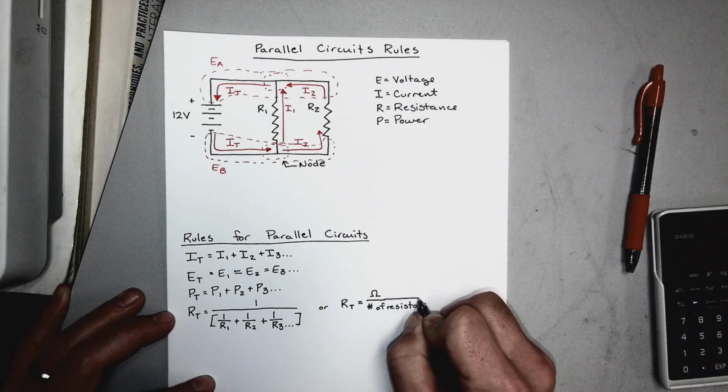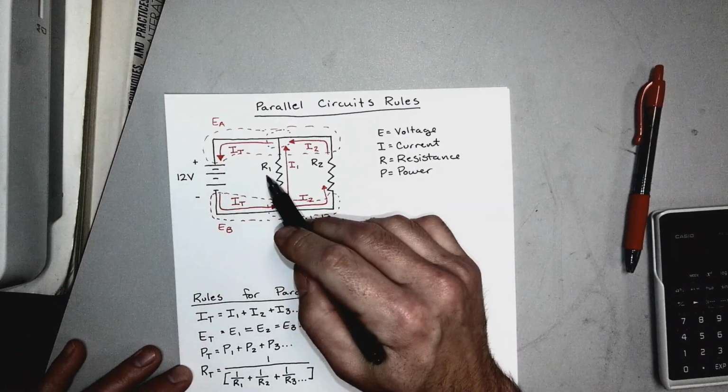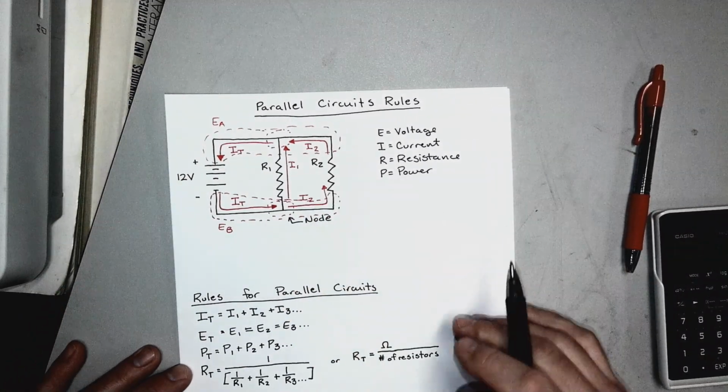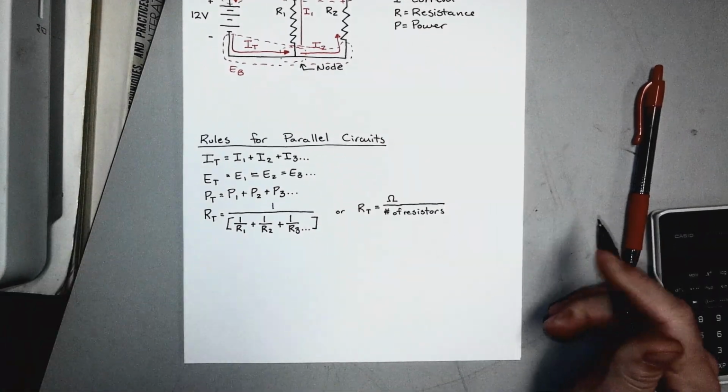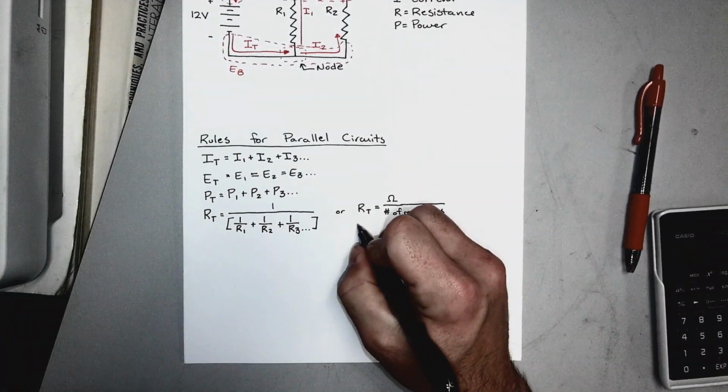And I'll give you an example of that. So in this case, let's assume R1 is equal to R2, and they're both 10 ohms.